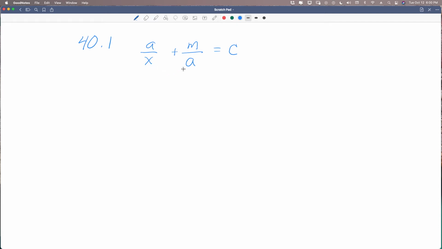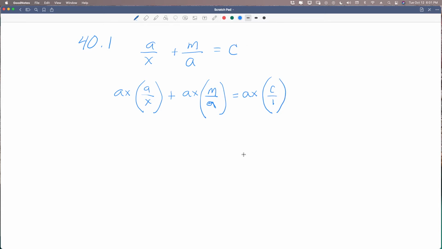So we multiply both of these, or all of these, by ax, right? So we take both of these and we say ax times a over x plus ax times m over a equals ax times c over 1, because it's the only whole constant we have.